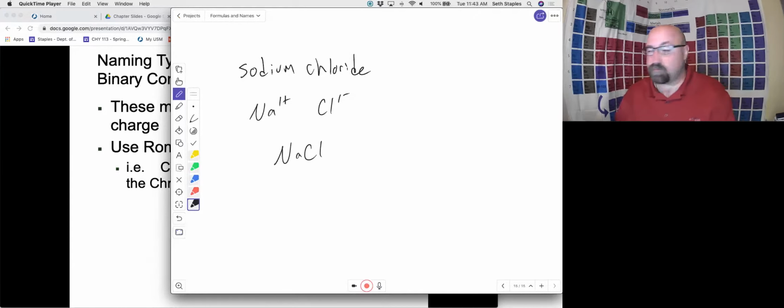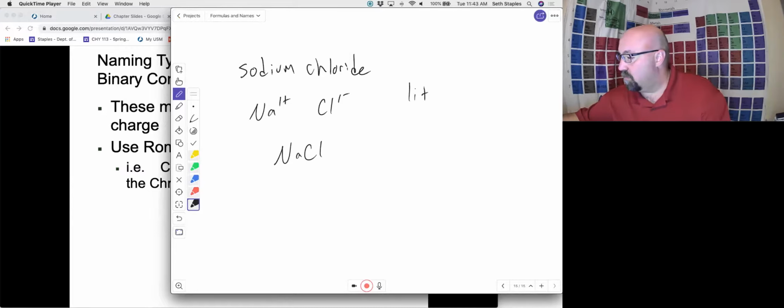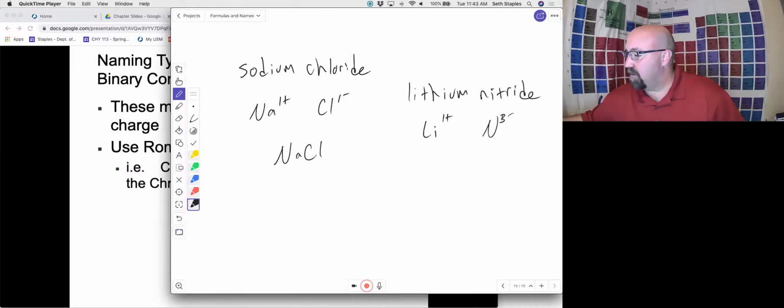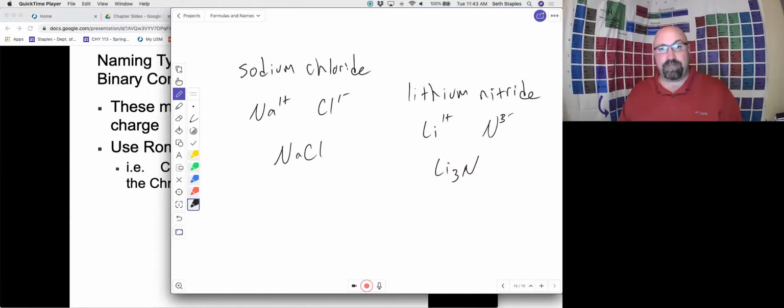And so on. If we're looking perhaps at lithium nitride, so I give you the name lithium nitride, you look up and you see that lithium is a 1+ on the periodic table. Nitride, sorry, is going to be a 3-. And so we know that our formula has to be Li3N.